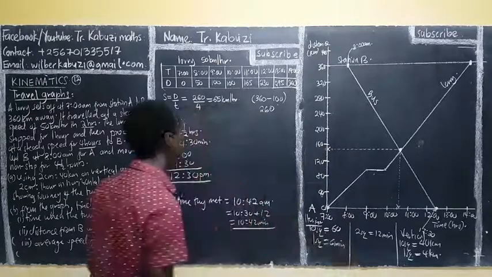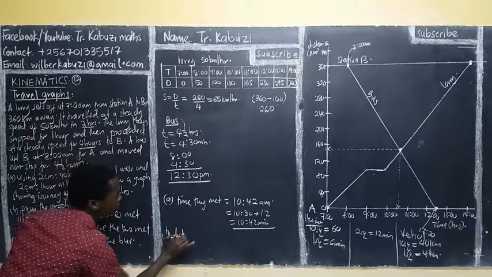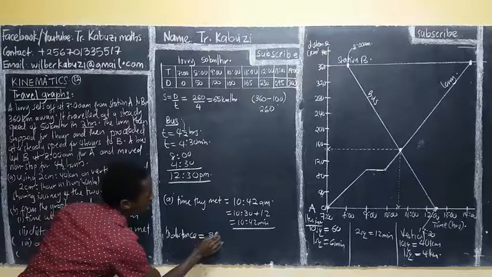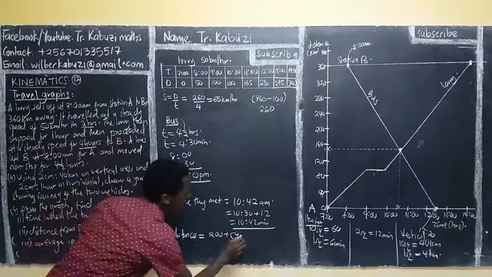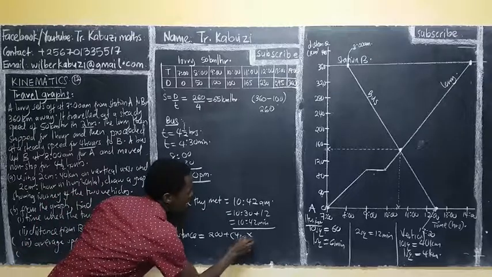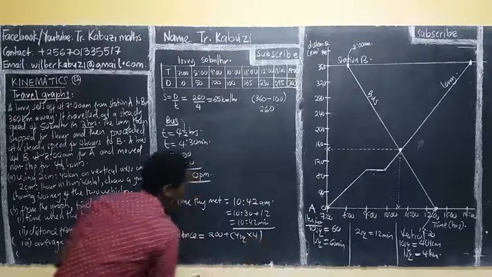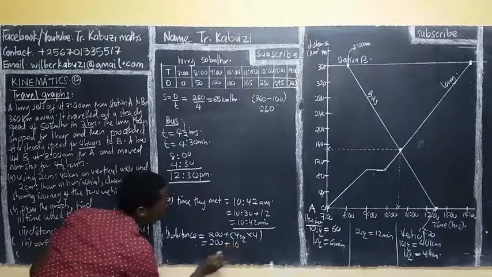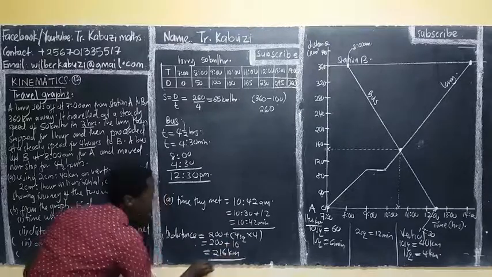So my distance is going to be the 200, then plus 4 small squares times 4 for each small square, which is 200 plus 16, so it will be 216 kilometers from B.